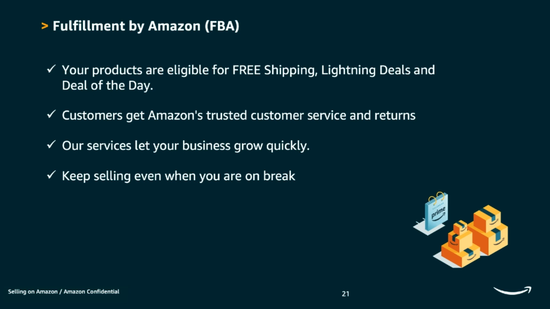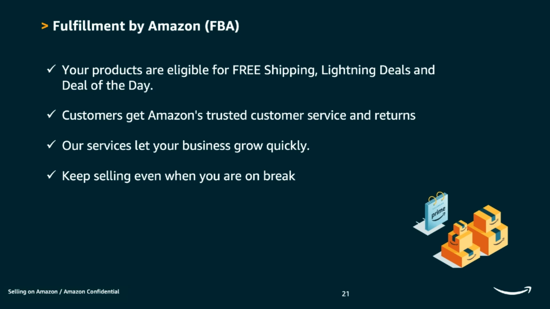When you list an item in FBA, they will become eligible for free shipping, and FBA listings are displayed with fulfilled by Amazon, and customers know that Amazon handles fulfillment and delivery and the returns. So as you grow your competitive edge, you can increase your chance of winning the buy box.